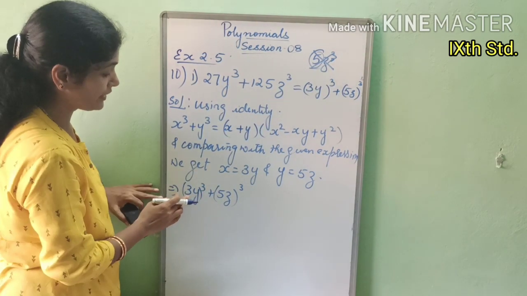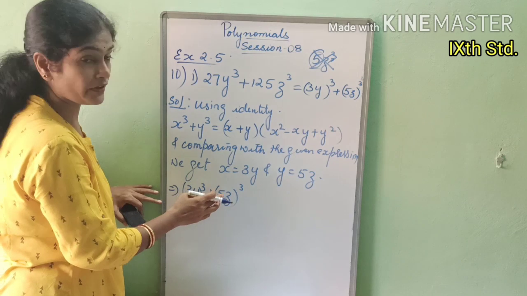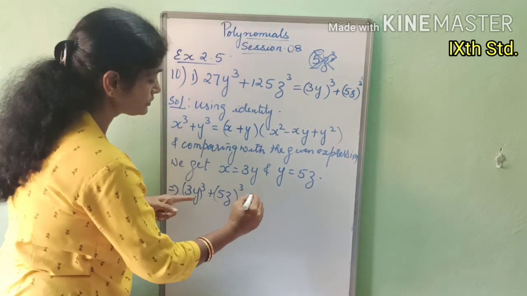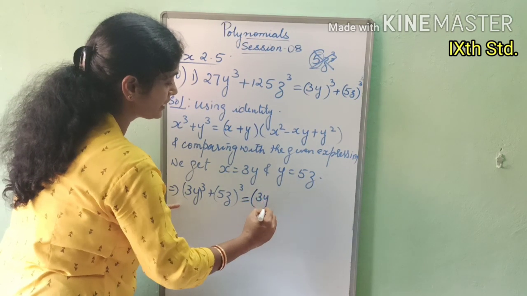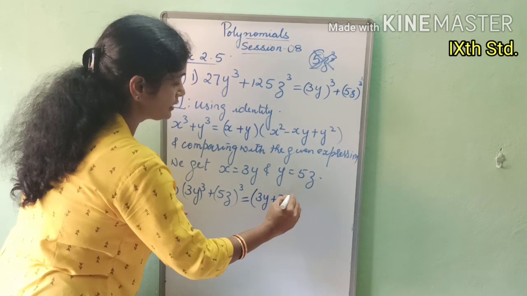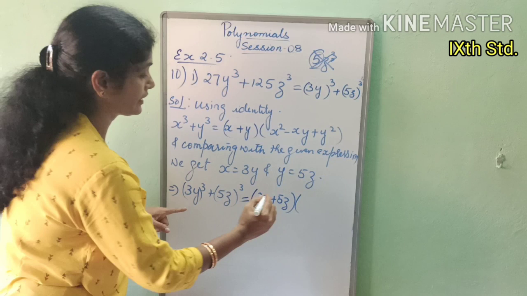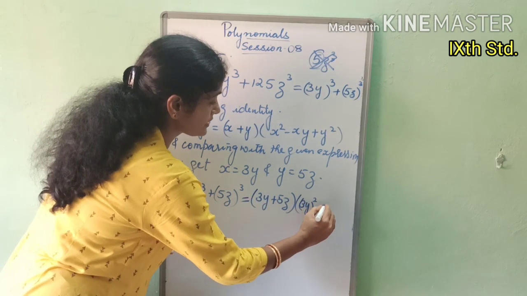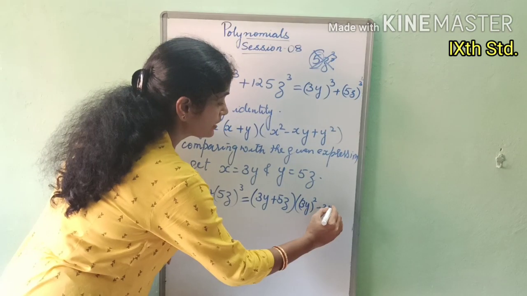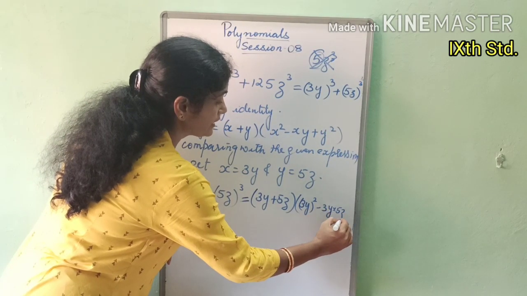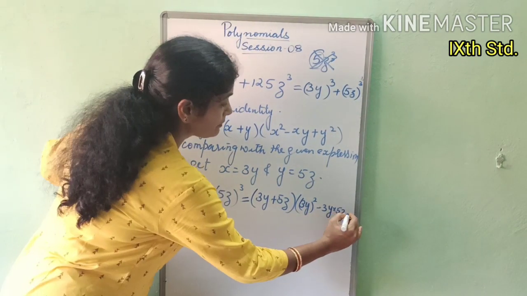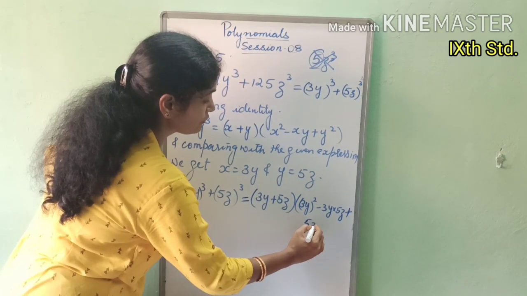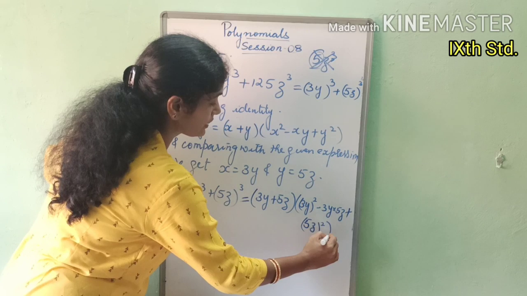So it will be 3y whole cube plus 5z whole cube is equal to x plus y, where x is 3y, into x square, that is 3y whole square, minus x into y, that is 3y into 5z, plus y square, y is 5z, 5z whole square.